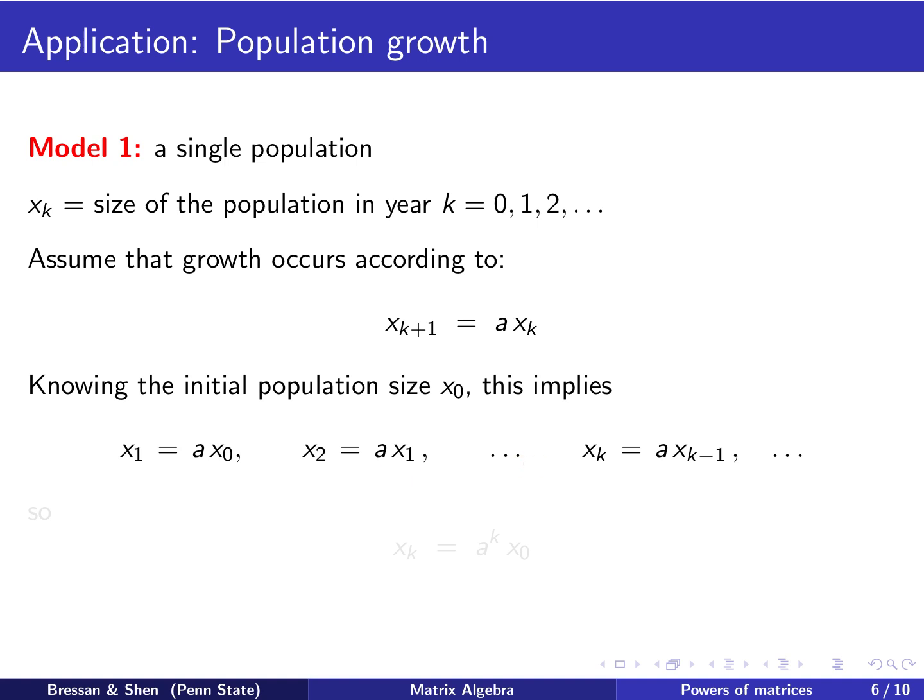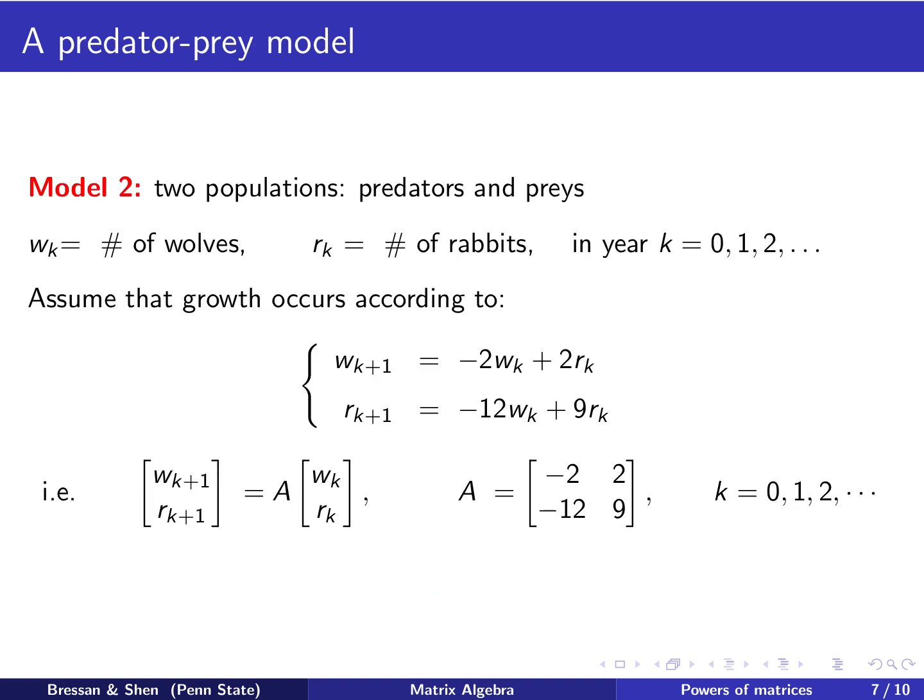You continue that, and you can easily show by induction that x_k will equal A times x_{k-1}, and then you keep substituting x_{k-1} with an even smaller index, and the simple induction argument will give you this solution: x_k will be A to the power k times x_0. So take a look at that and remember it in your brain, and we'll move on.